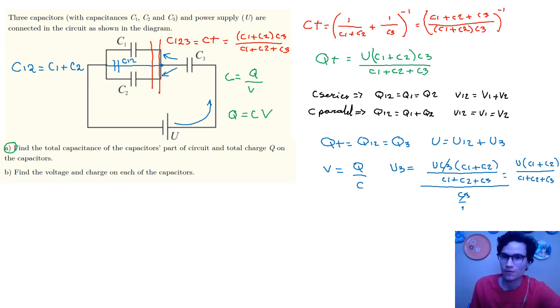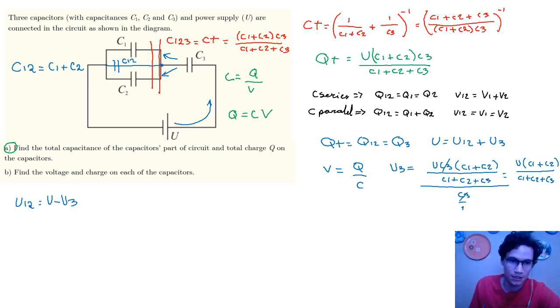Using this information, we can replace it here and clear the variable that we are looking for, in this case the voltage 1,2. The voltage in this capacitor will be the total voltage minus the voltage in 3.